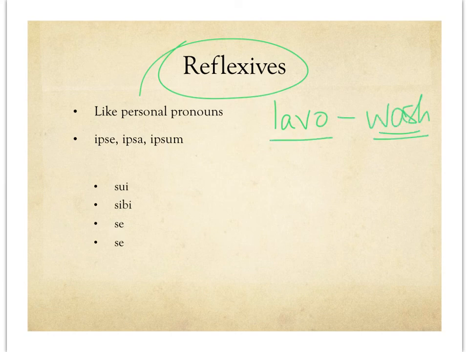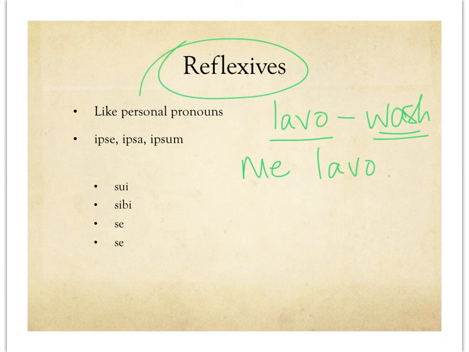So in English you just say I wash, I suppose, but you could say I wash myself, and in that case you would say me lavo. I wash myself. I'm not washing the dishes, I'm washing my body, me lavo, and that would be reflexive.